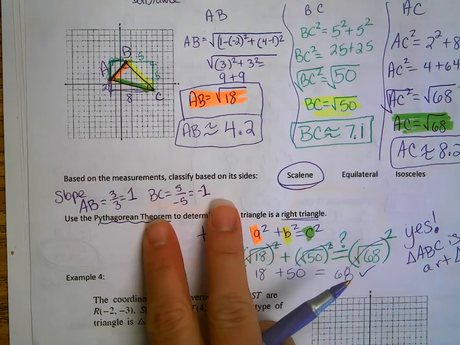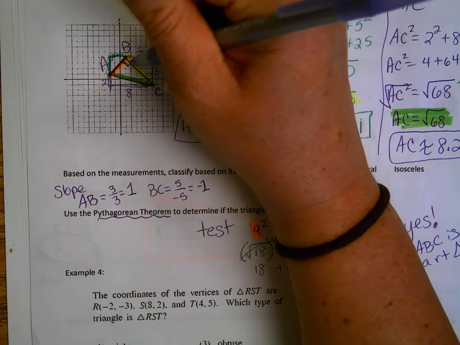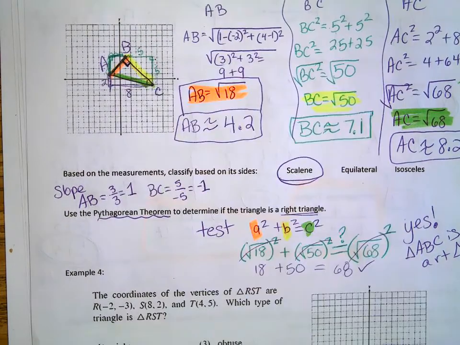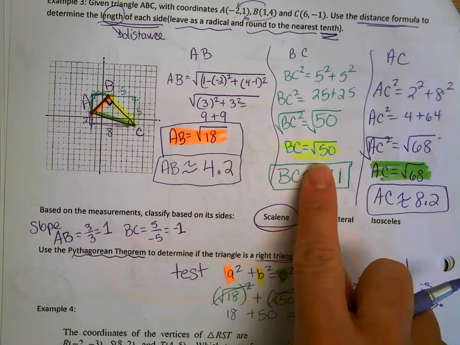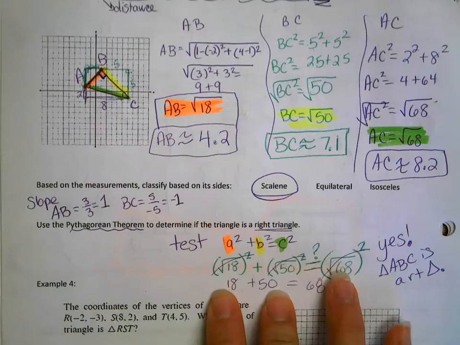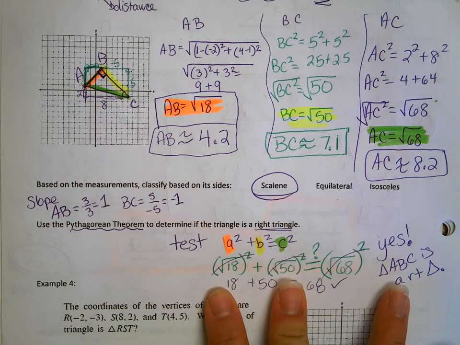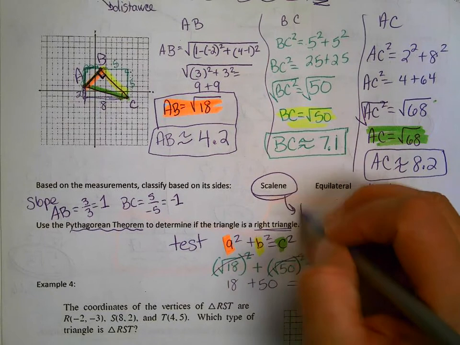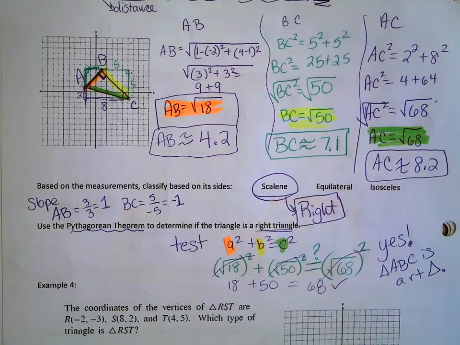That makes those lines perpendicular, which tells you that angle B is indeed a right angle. Okay, so these lengths, AB, BC, and AC all substitute into the Pythagorean theorem, a squared plus b squared equals c squared, and it does make ABC a right triangle. So it's scalene and also right because of our Pythagorean theorem.